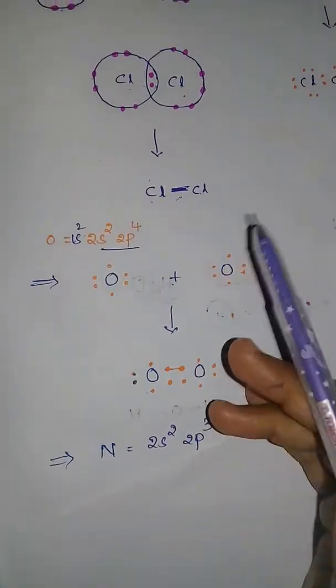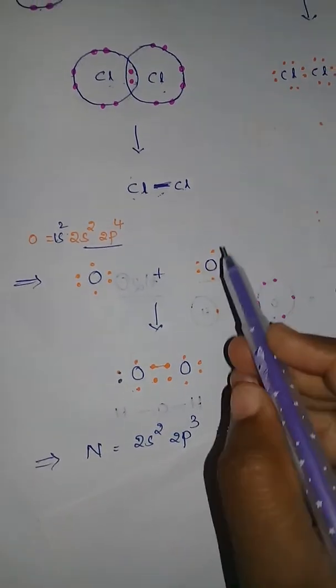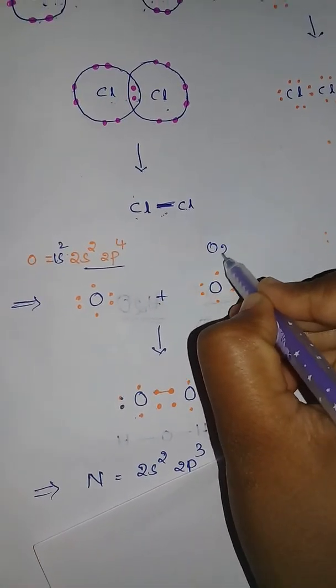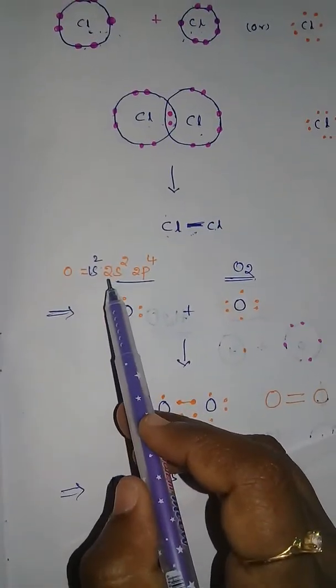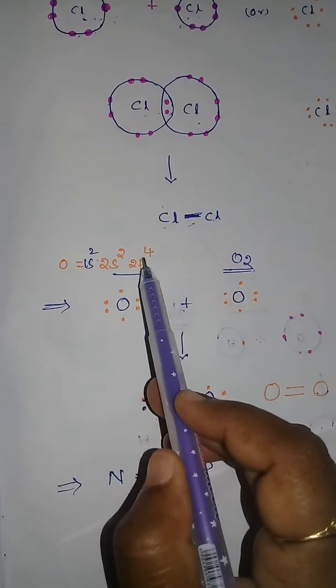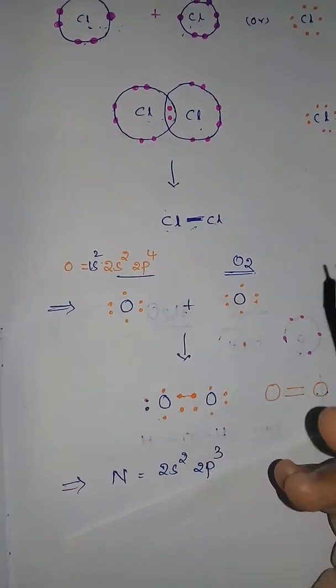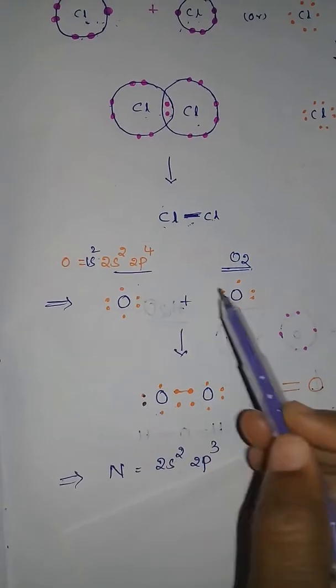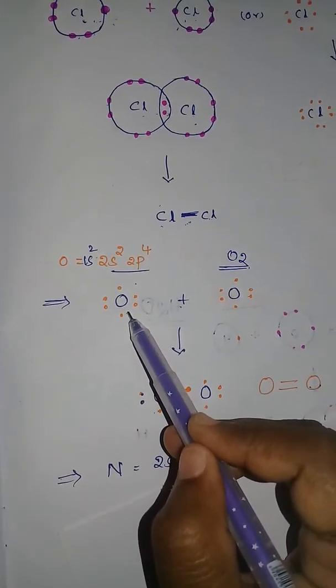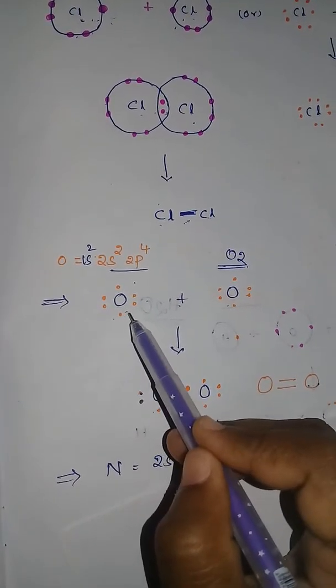And then we go for O2 molecule. Oxygen electronic configuration is 1s2 2s2 2p4, and valence electrons are 6. Each oxygen has 6 valence electrons.